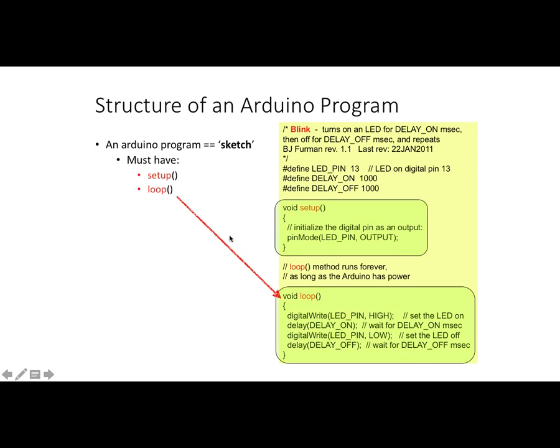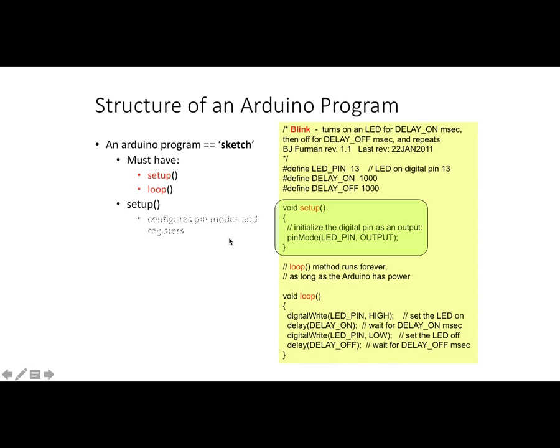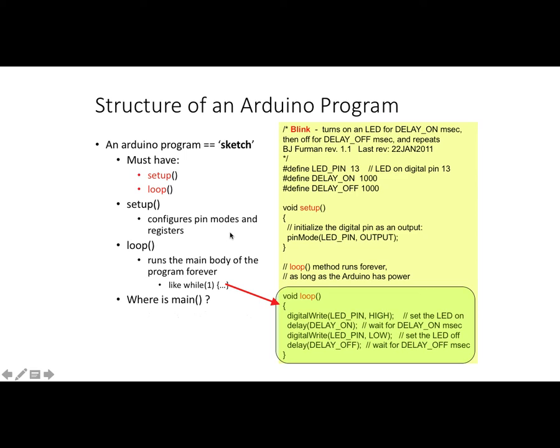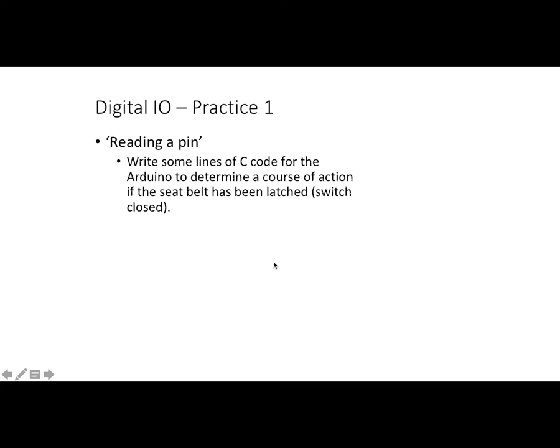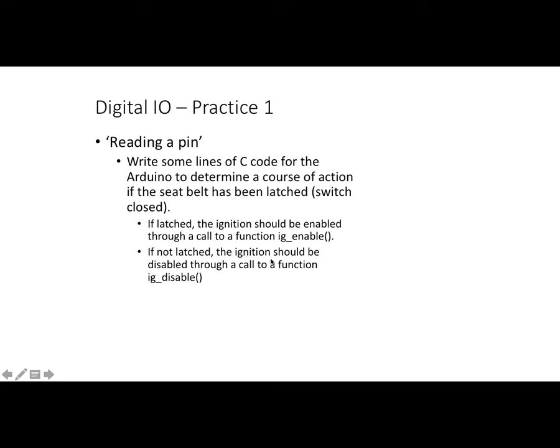They call this a sketch. Why, I don't know. Looks like a computer program to me, but there it is. The loop runs forever, and so you've got to be kind of careful about how much computation you do in this thing, or else none of your interrupts will get serviced properly. So throwing in a little bit of delay now and then will actually help interrupt service routines run a little bit more regularly.